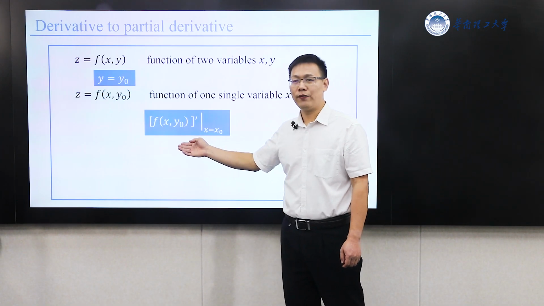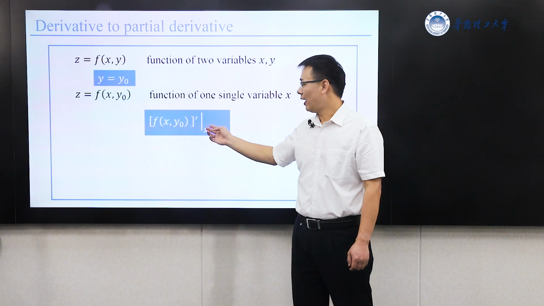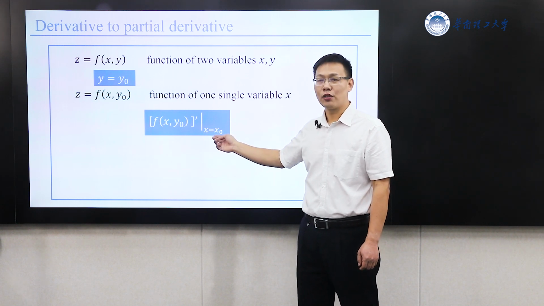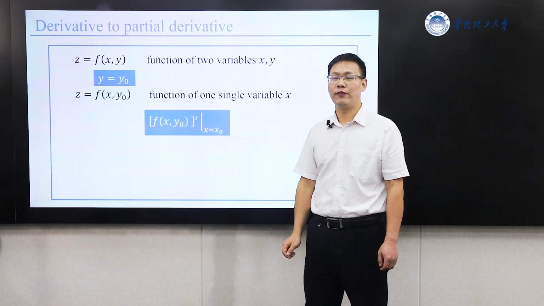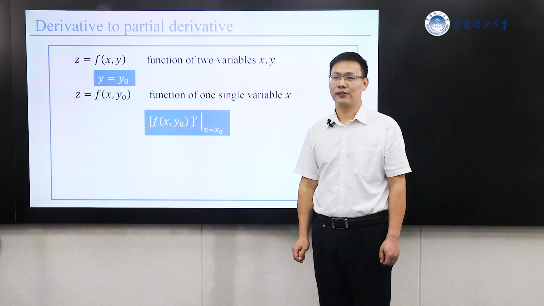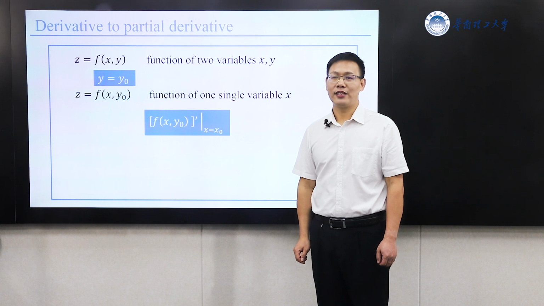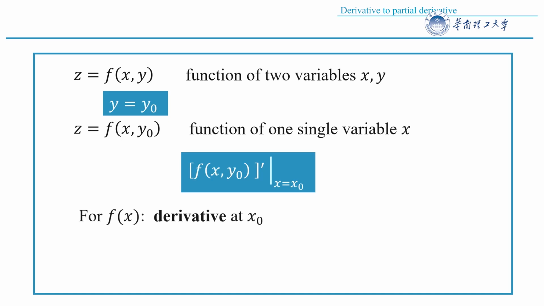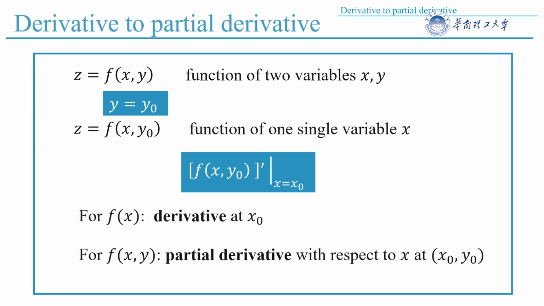Its derivative at x0 is called the partial derivative of f(x, y) with respect to x at (x0, y0). Then we have the following definition.